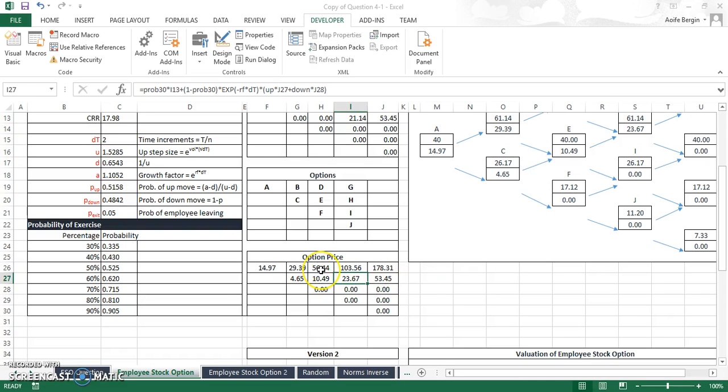So we do that the same for this one and this one, but we're using different probabilities. So for this one, we're using the 40% probability, and for this one, we're using the 30% probability.